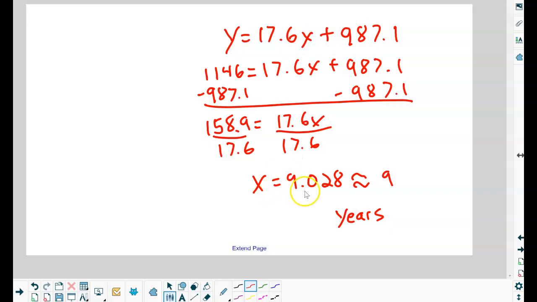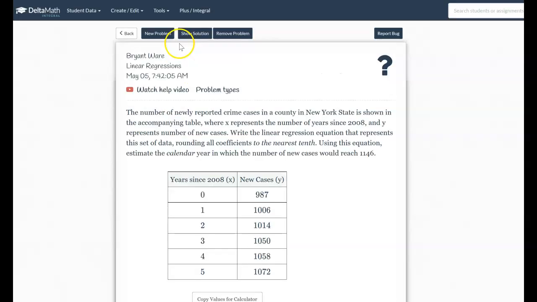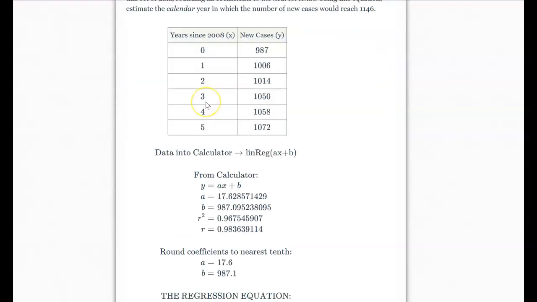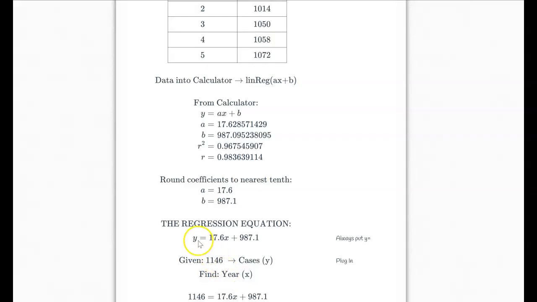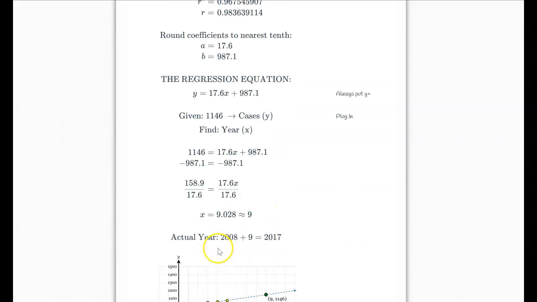I get x is equal to 9.082, round that to 9 years. All right, so now if we go back to the original problem, okay, we got that same equation. You plug it in and solve, and you get 9.028, equal to 9.